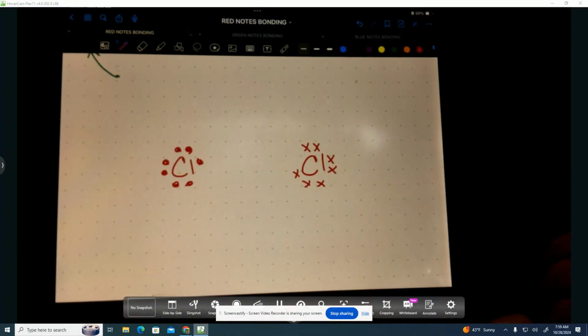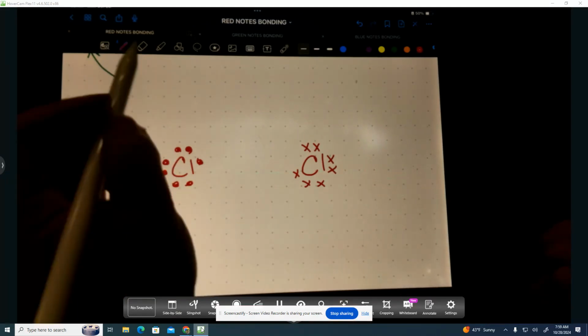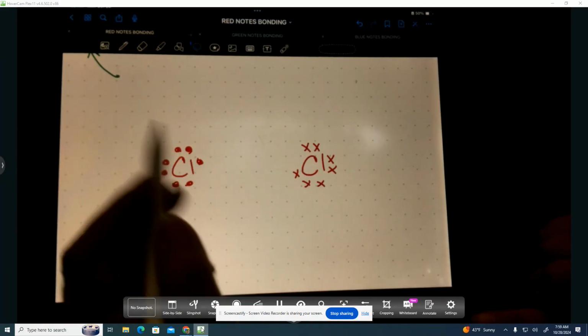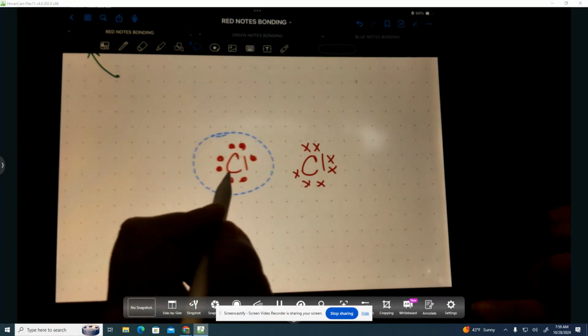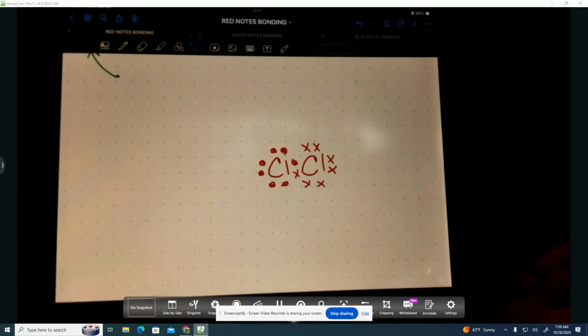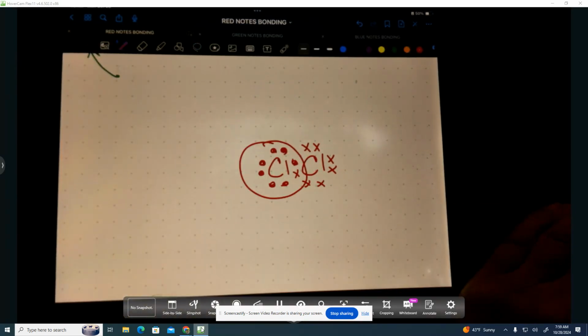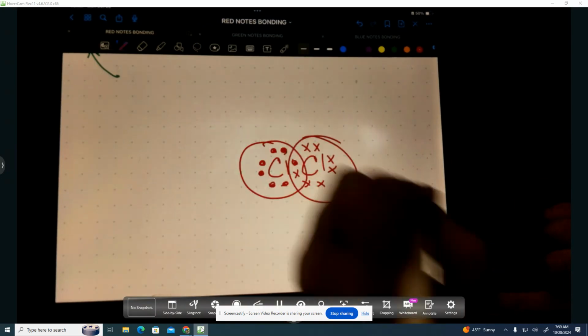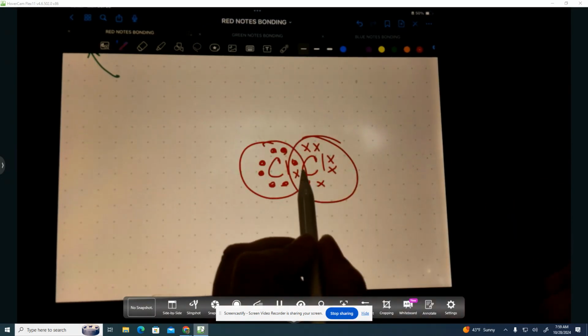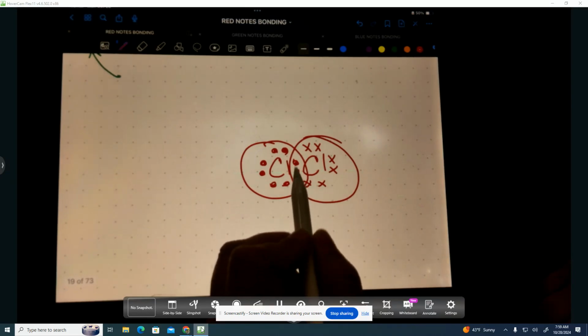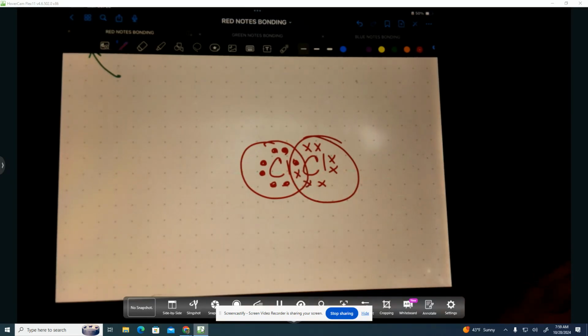Is that going to form a covalent bond? Yes, it is. I drew the dots so that they would fit together when I moved them. And there you go. Now this chlorine has use of 8, and this chlorine has use of 8. And these 2 electrons right here are forming the covalent bond.